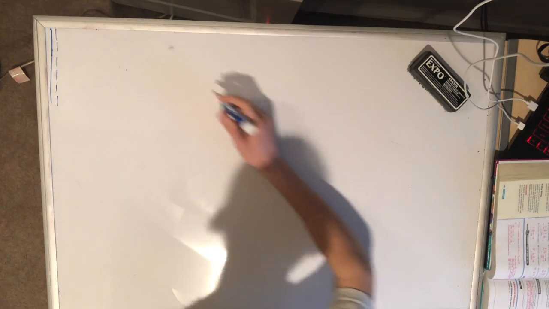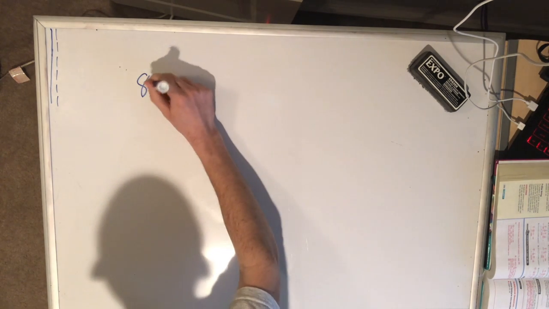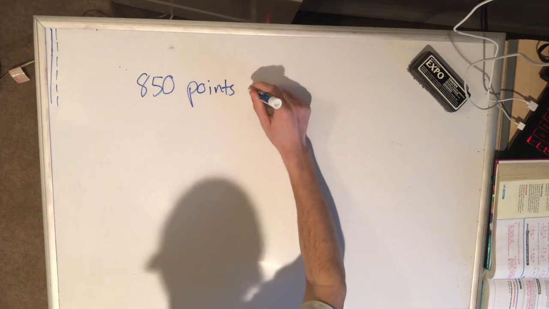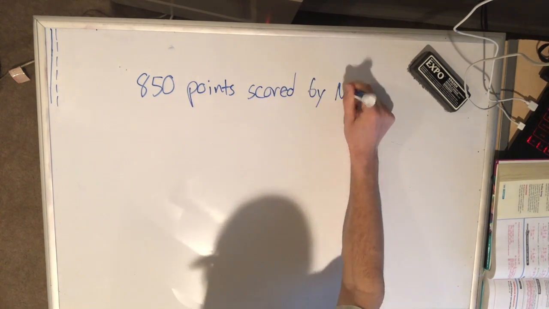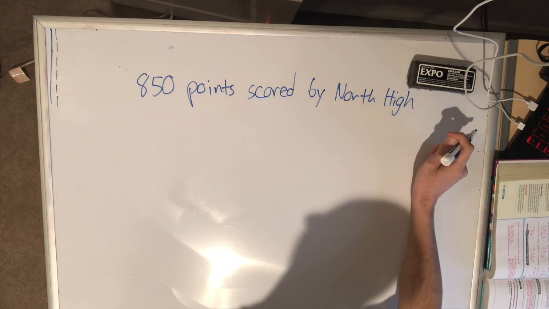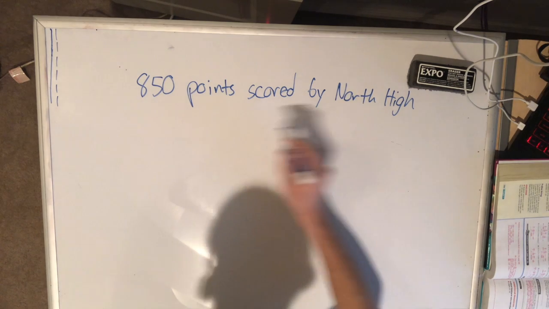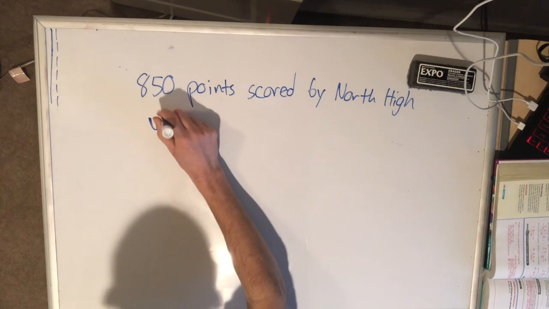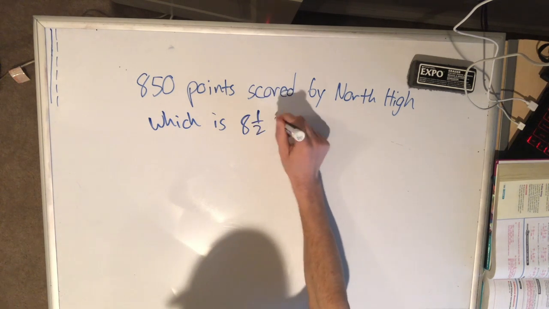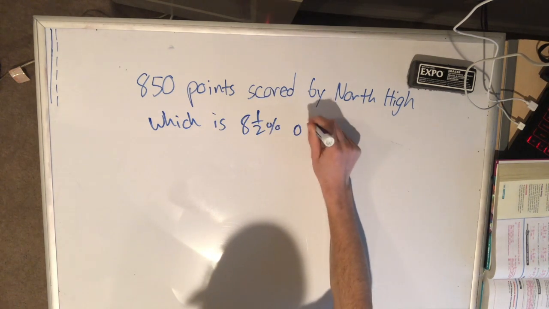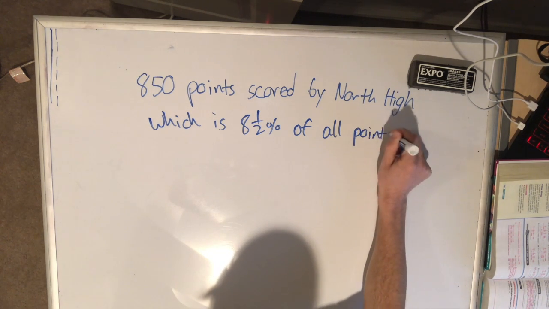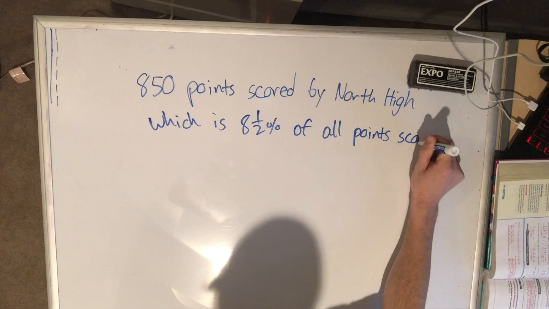Okay, so 850 points scored by North High this season, which is 8.5% of the total points scored in the league this season. So 8.5% of all points scored in the league this season.